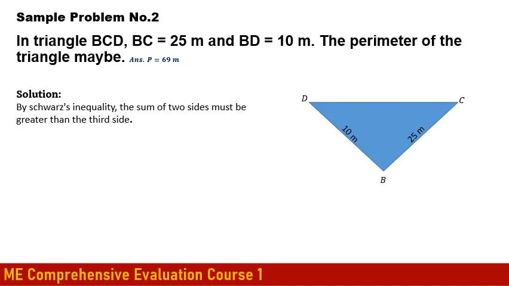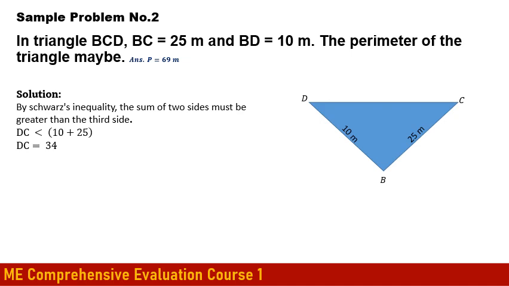For this to become a triangle, our DC should be less than the sum of 10 and 25 to satisfy the triangle inequality. So the acceptable DC is less than 35, for example here 34, since 34 is less than 10 plus 25.